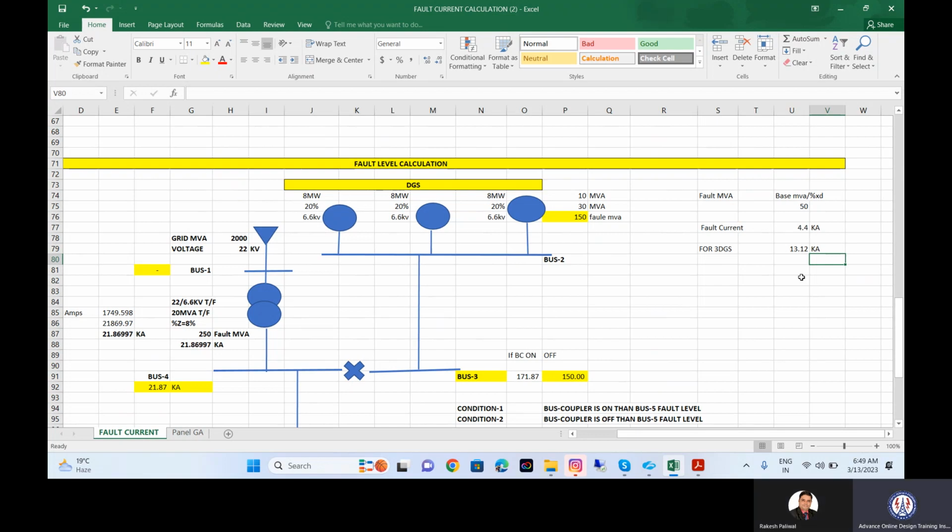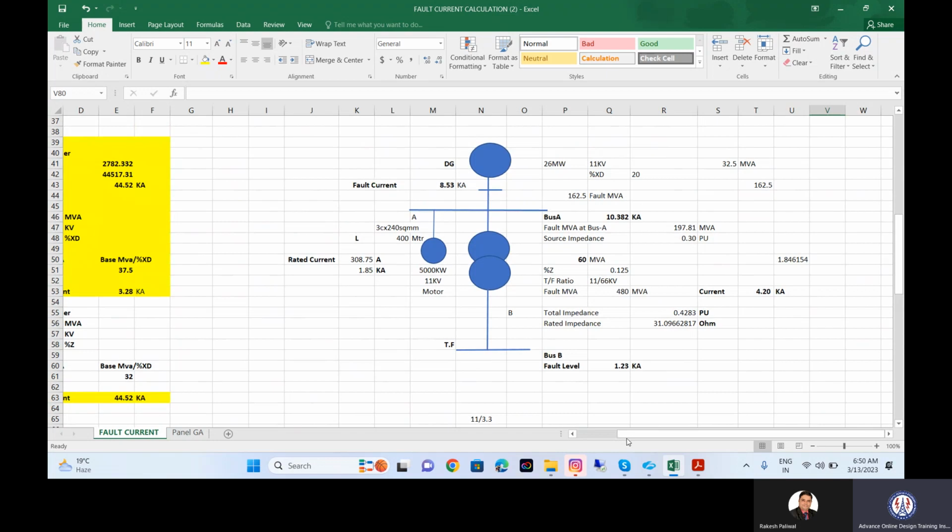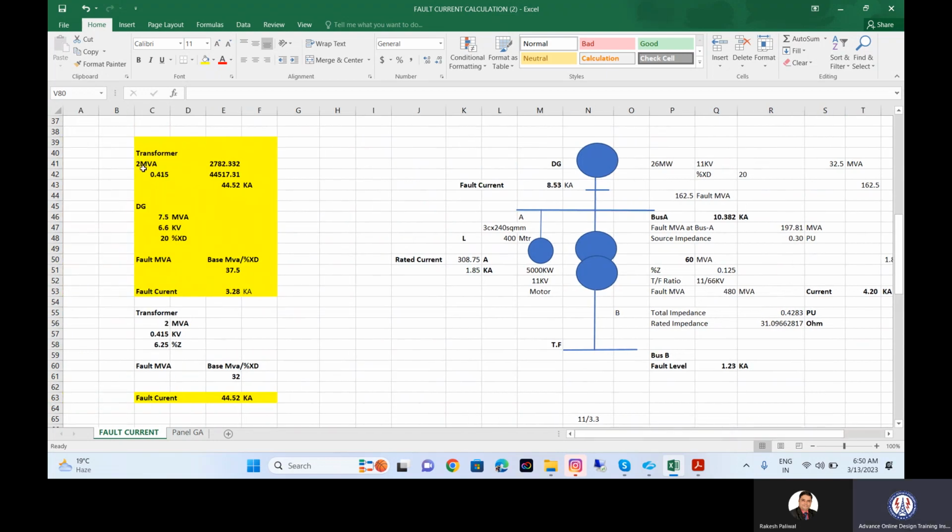Okay. So what is thumb rule, sir? Yeah, it's a thumb rule. This thumb rule is also mentioned here. Suppose there are two types of thumb rule. Suppose I need to determine the fault current for a 2 MVA transformer.